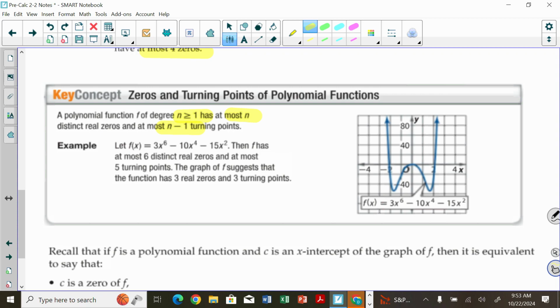So whatever the degree is, that's how many distinct real zeros it could have at most. It could have less, but at most that many. And then n minus 1, so the degree minus 1 would be how many turning points you would have. So in a quartic, it could have 4 zeros and 3 turning points. In a cubic, it could have 3 zeros and 2 turning points.